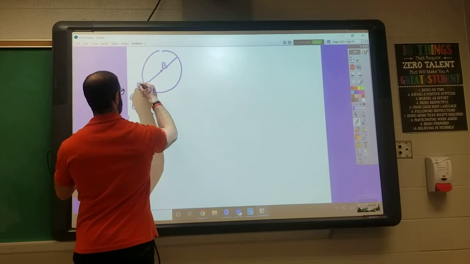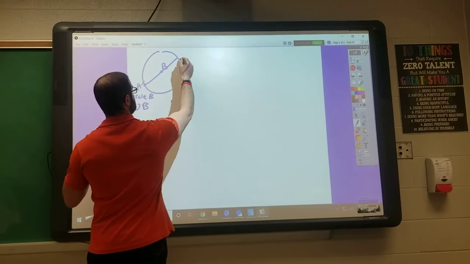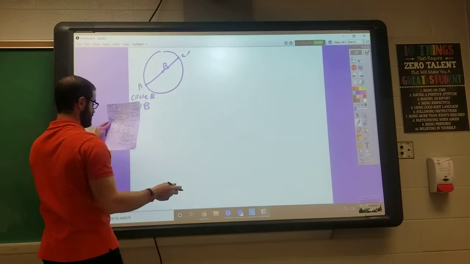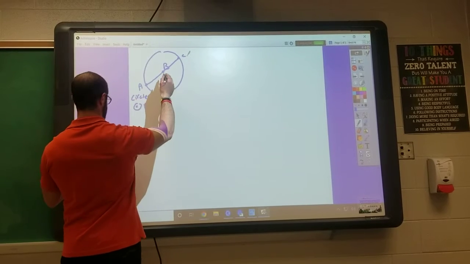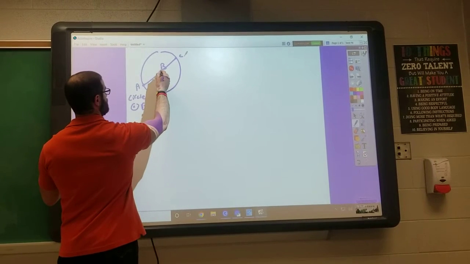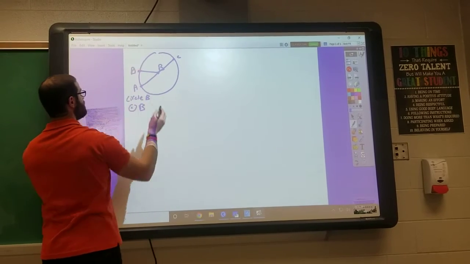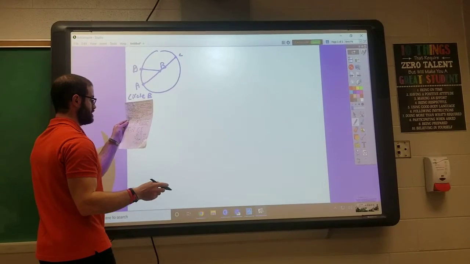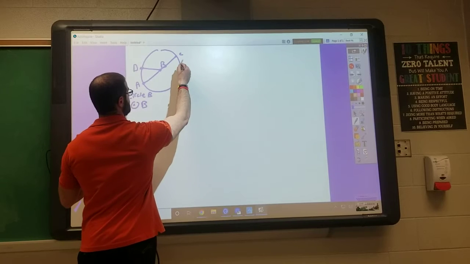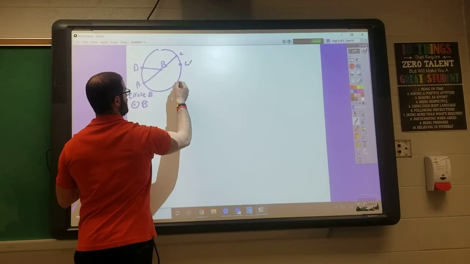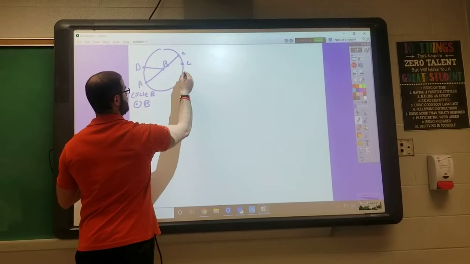Here's A, and then there's C, and another segment branching off here. We'll put a point D right here, and another segment, here's L, and we'll put point P.